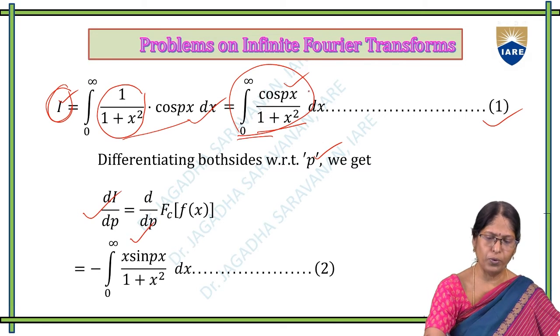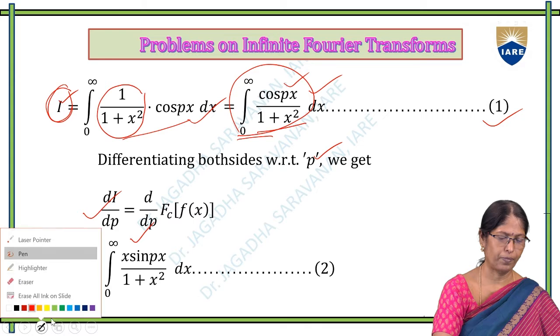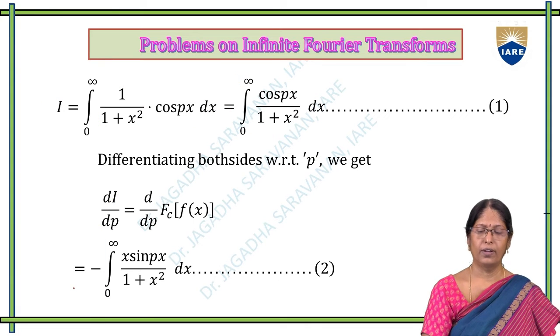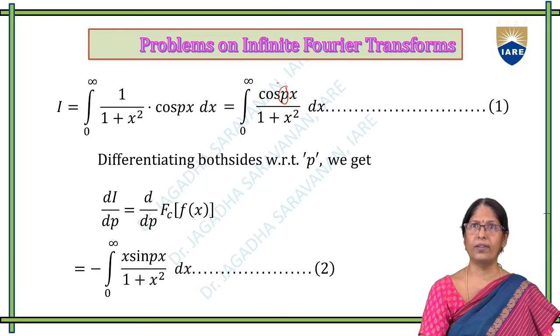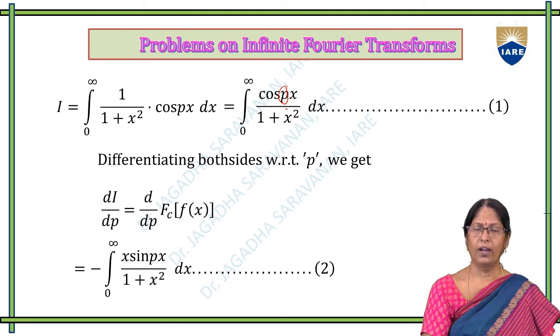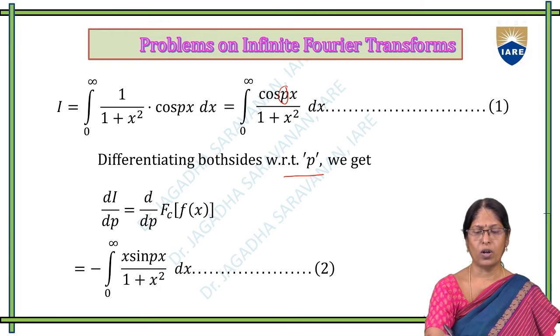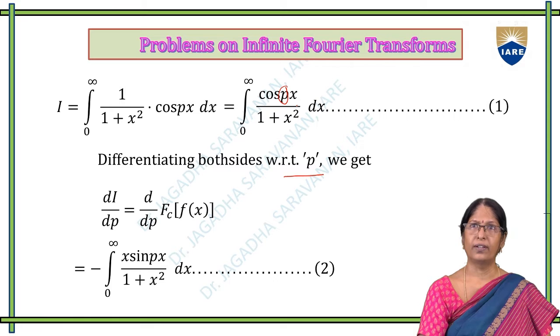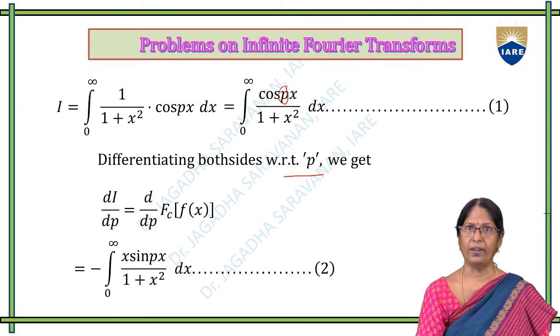If we do the differentiation with respect to p, the term where p is occurring, the remaining are all in terms of x. Our aim is to differentiate with respect to p. So cos px is there, and the differentiation of cos is minus sine.